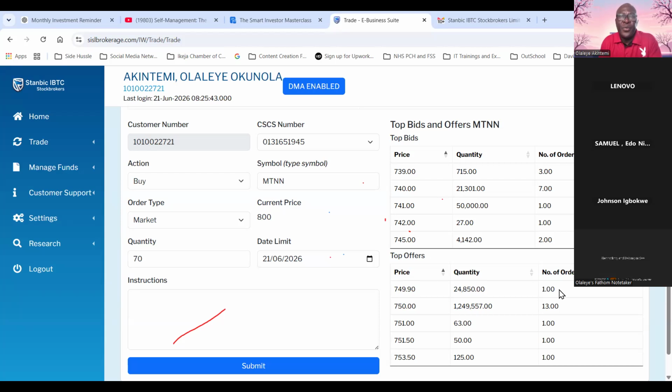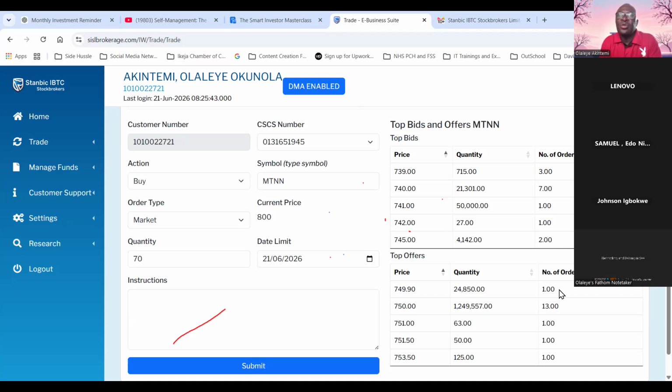On Bamboo, I have only 2 stocks. I have Seplat, and I bought just 1 unit of Seplat just to test and see how Bamboo works. I think I have maybe about 5 units of Okomu on Bamboo.